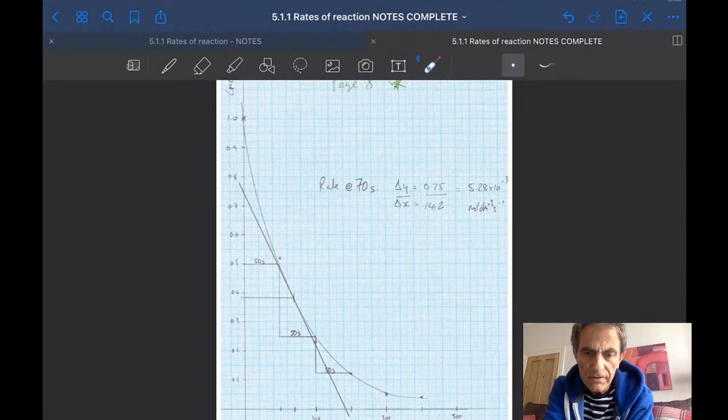Like I've said a few times, I'm not a marker for exam boards, so I can't tell you definitively whether you could get away with that, but that seems to me a little bit of a risky strategy, in my opinion anyway. I certainly won't be advising my students to go down that route. I'll be wanting them to draw the graph and talk about how the graph shows that it's first order rather than the units. If you want to do that, you can. I certainly wouldn't advise it, but it's your call.